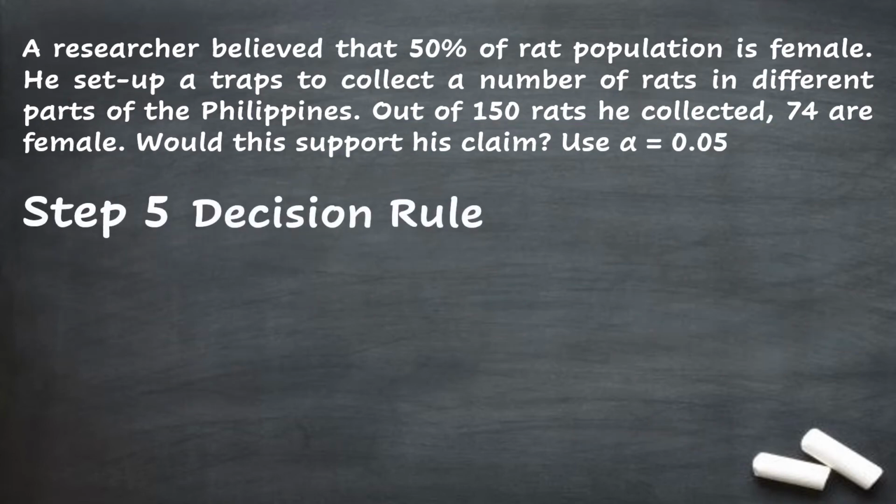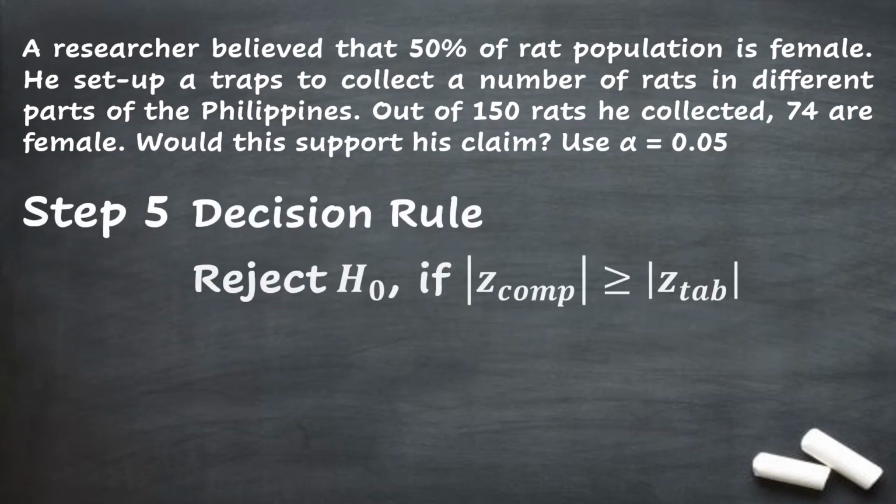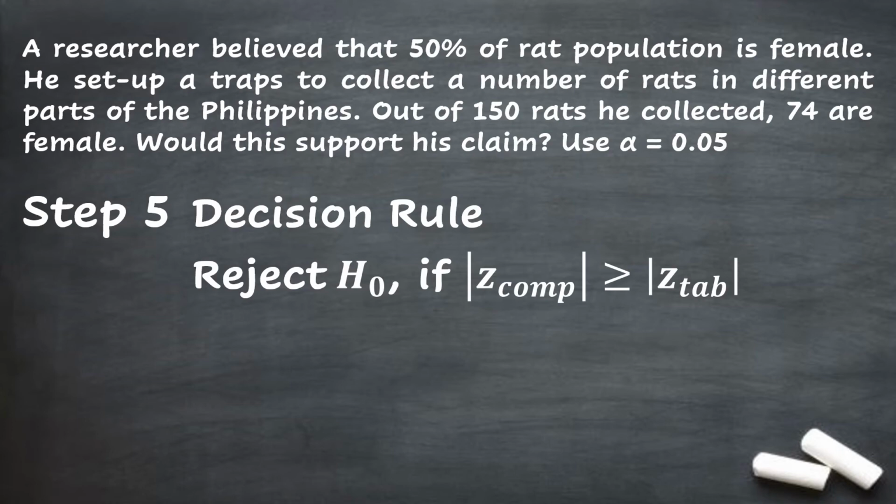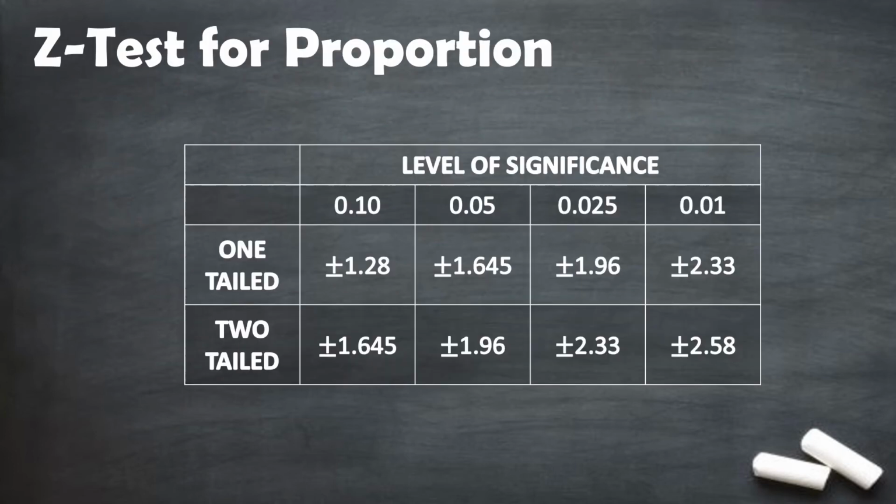Step 5 is the decision rule. Reject the null hypothesis if the absolute value of z computed is greater than or equal to z tabular. We already know the z computed. Next is to get the value for the z tabular. For us to get the value for the z tabular, we have to go back to step 2 to identify the alpha level or level of significance and the number of tailed tests.